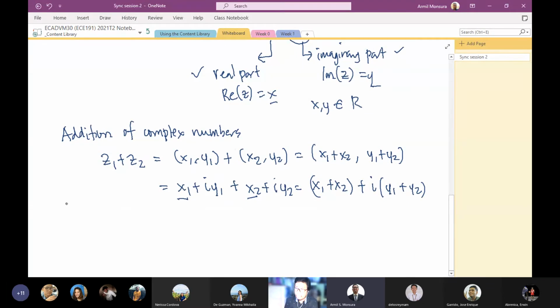Now, how about multiplication? Pagpasensyahan niyo na yung sulat ko dito sa board.